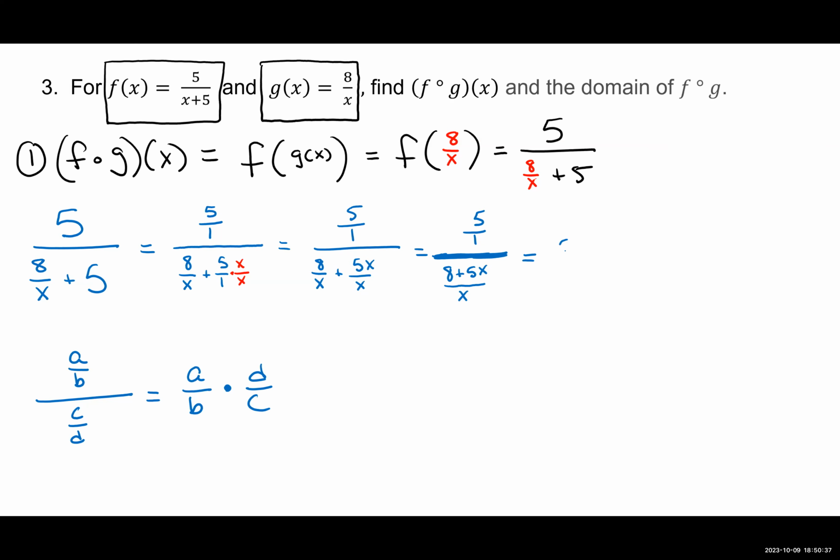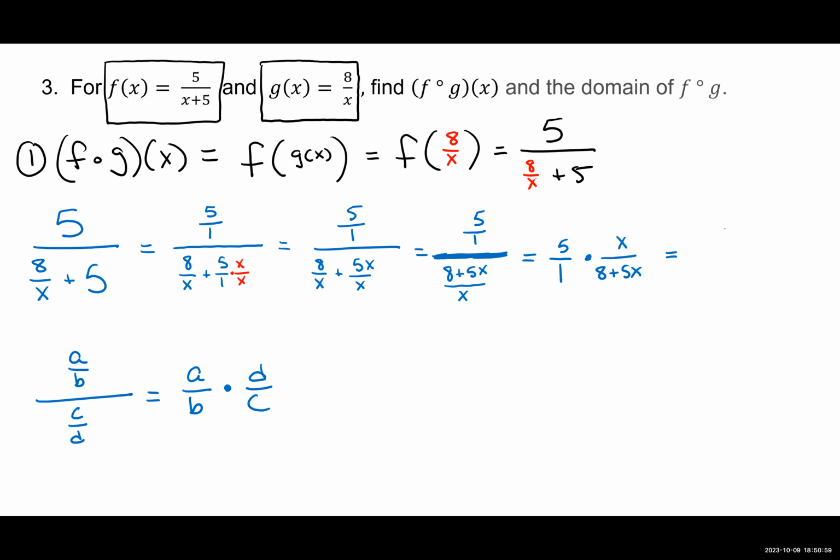Now keep, change, flip. So the way we divide a fraction by a fraction is to rewrite it as multiplication, multiplying by the reciprocal of the fraction on the bottom.